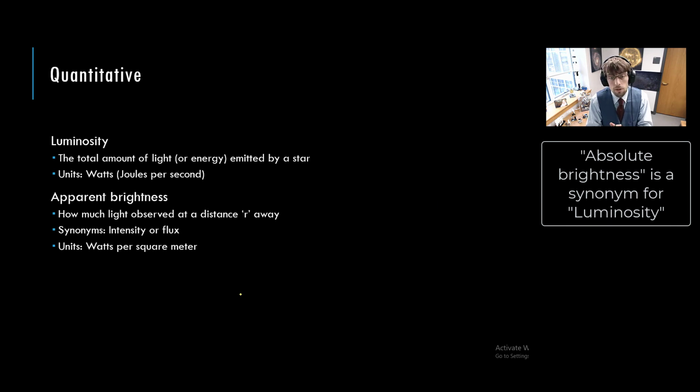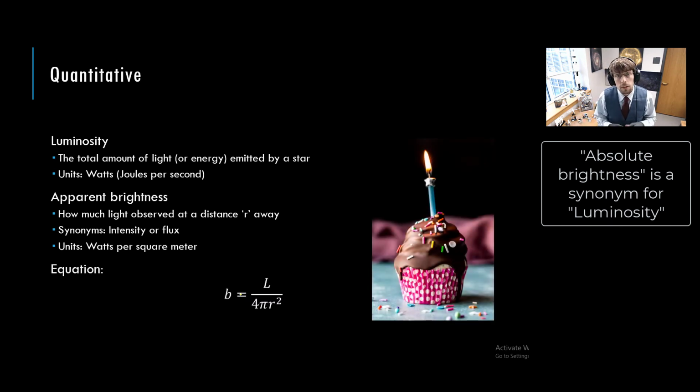In other words, the apparent brightness, lowercase b, is equal to the luminosity divided by the surface area of a sphere. Okay? So I'll subscript this, I'll say apparent brightness, and this is distance from source.